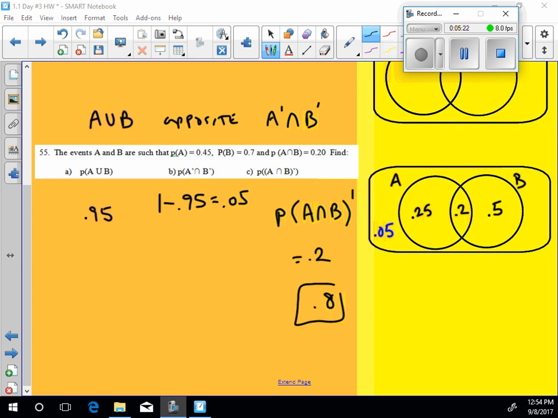Right? It's the opposite of that. And opposite in this way doesn't necessarily mean anything mathematical other than take one minus that probability, you get the other. Okay, or you could shade and go along that way too, and that would work. Mic drop.